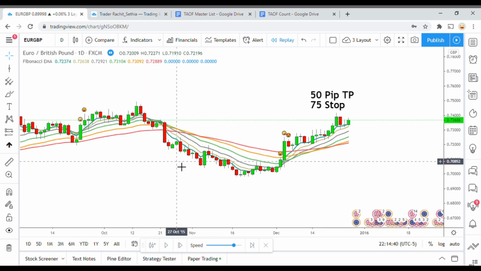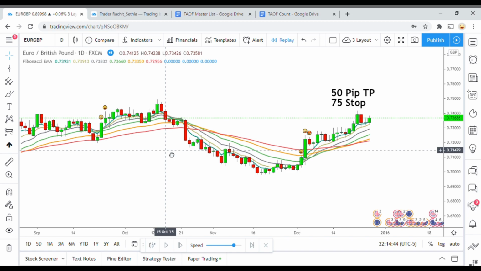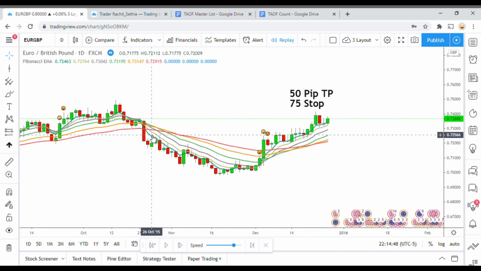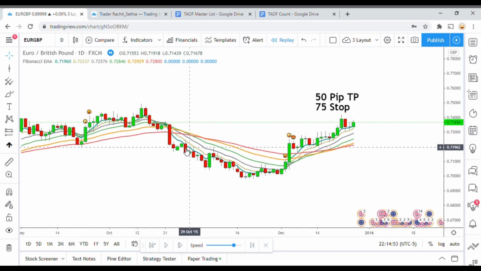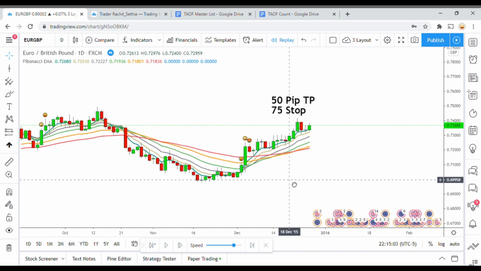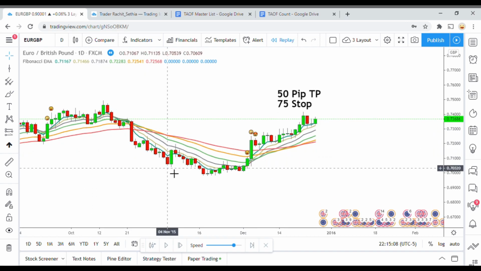Now, with all that being said, I think the best approach to this is going to be really paying more attention to the fastest plotted line versus the slowest plotted line. And of course, there's multiple ways that you could attempt to trade this indicator, to be honest.